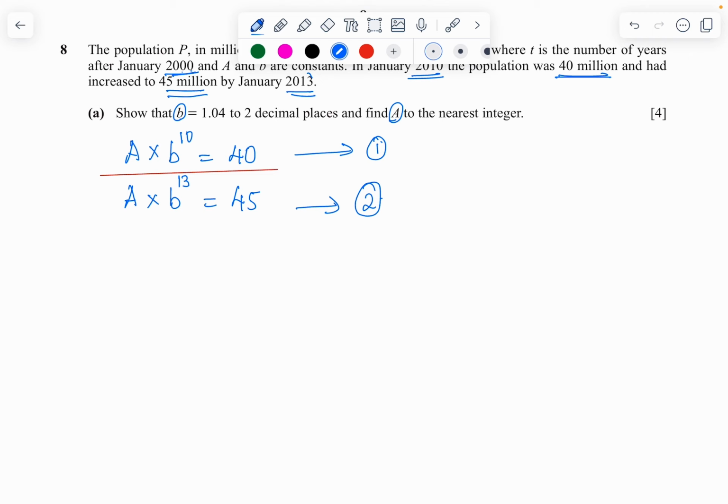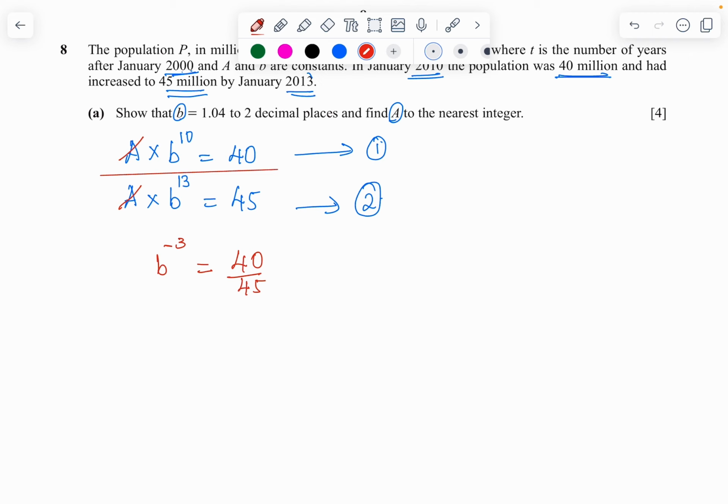So you can see that the A and A get cancelled, right? So for this, I'm going to use B to the power of negative 3. I'm using the exponential laws here. 10 minus 13 is negative 3, equal to 40 over 45. Is it okay?